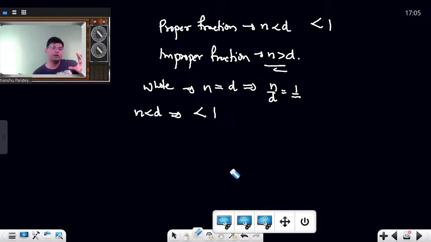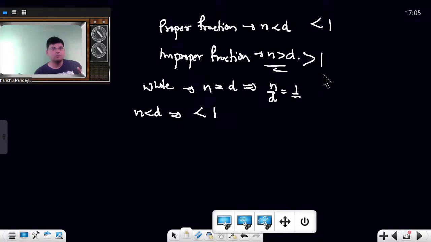Are you getting it? Yes, sir. Suppose there is an apple, I put it into 4 equal pieces and I took one out of it. So it is known as 1 by 4, and this is a part of a whole. Whole has how many parts? 4 parts. I am taking one out of it. So it is less than 1 because numerator is less than the denominator. यहाँ तक समझ में आया सबको? Yes sir. Okay. Now what will happen with the improper fraction? It will be always greater than 1. Getting it?